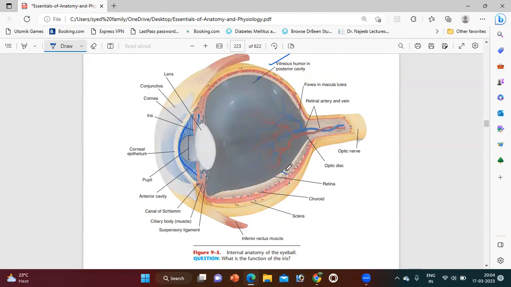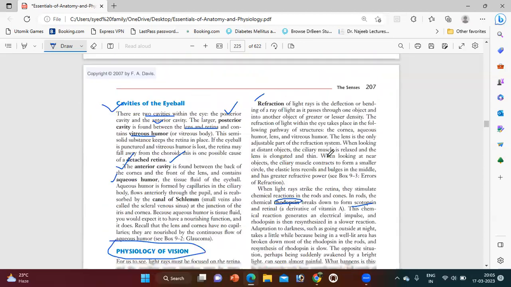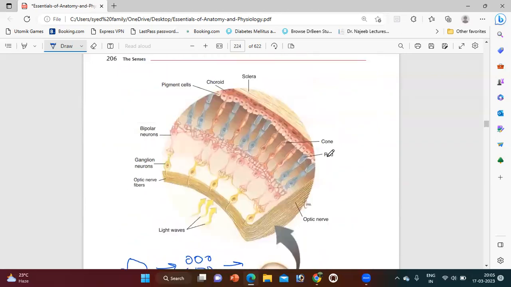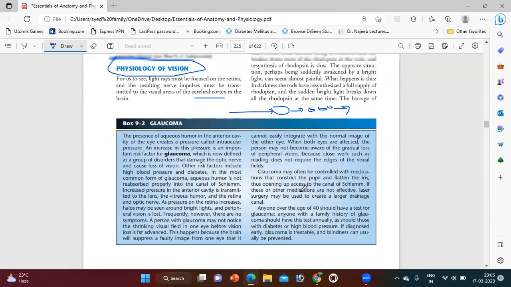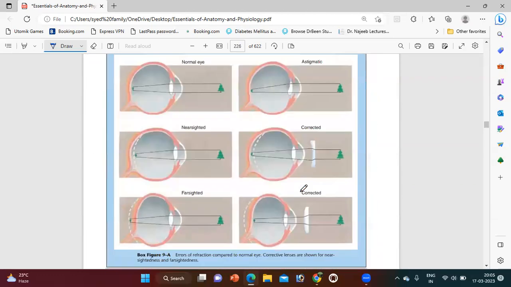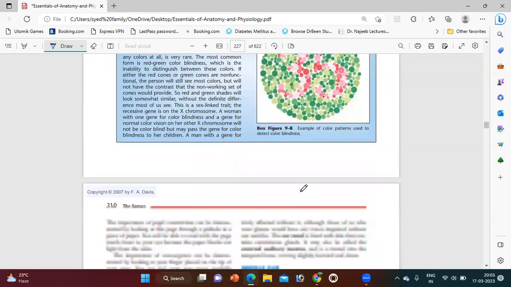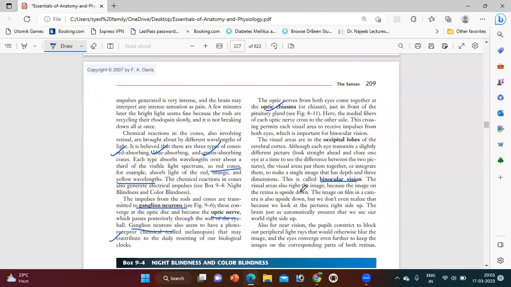After that, you can see in this image, rods and cones, bipolar neurons, to ganglion neurons, which are attached to the optic nerve. So the optic nerves will follow this pathway, optic fibers to the optic nerve to the visual field. This is the pathway of vision.